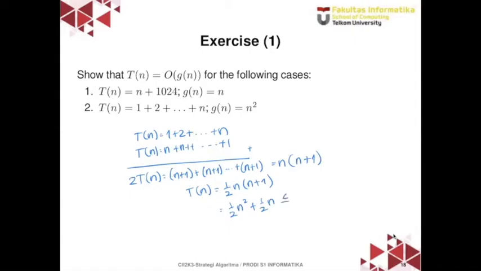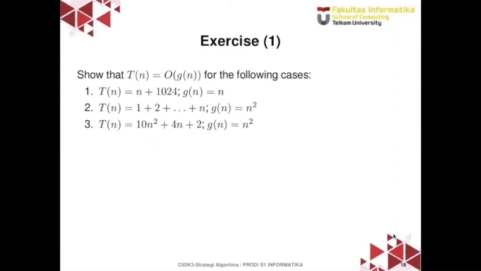Of course, this is less than or equal to this, and it holds for any non-negative n. So here we have n squared, so we can consider 1 as C and 0 as n0, so that we can say that Tn is in big O of n squared.